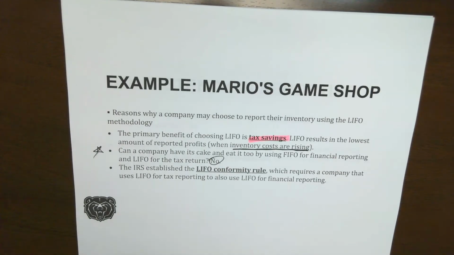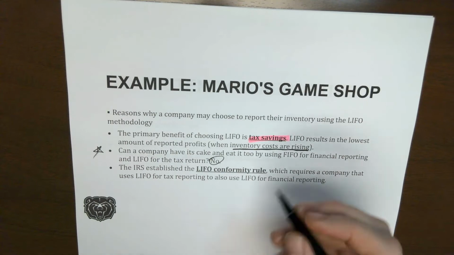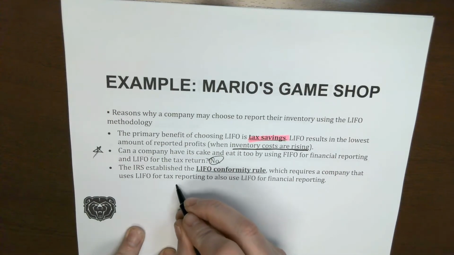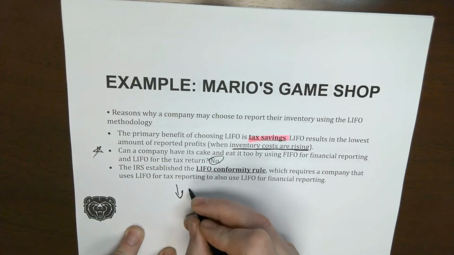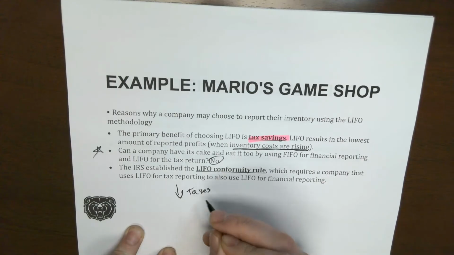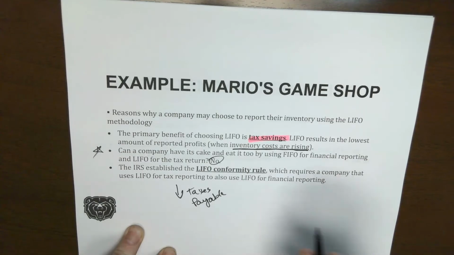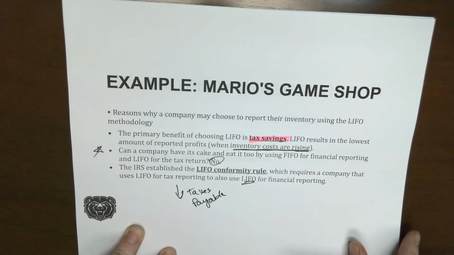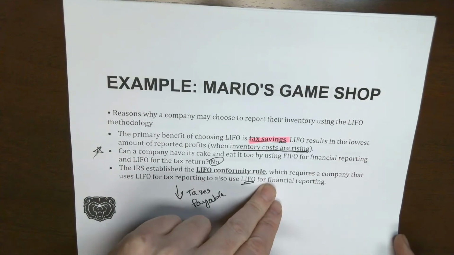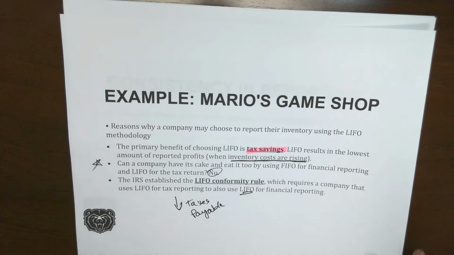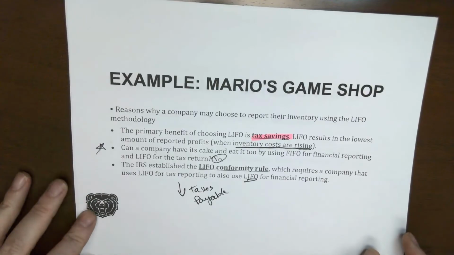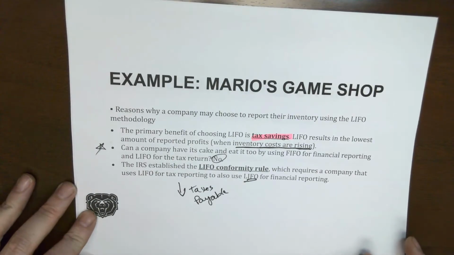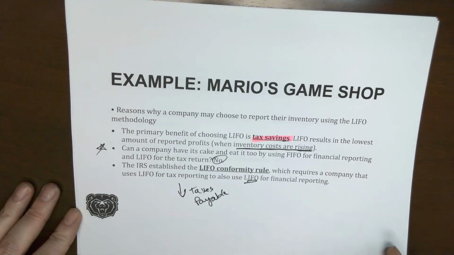So if a company uses LIFO for tax reporting to decrease their tax liability, their taxes payable, then they've also got to use LIFO for their financial reporting. Okay, so yep, the IRS nips that in the bud. I know we've talked several times about things that the IRS does to make sure that we have some conformity and that it's not just the Wild West, right?